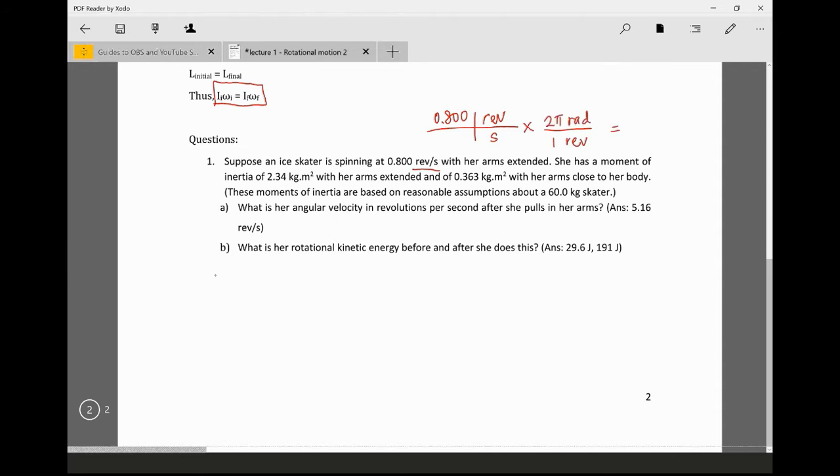Double check, cancel off revolution here. So left only 0.8 times 2 pi radians per second. So this is how you can do it. Instead of memorizing that revolution to radians is times 2 pi, radians to revolution is divided by 2 pi, you can actually use a technique. As long as 2 pi radians divided by 1 revolution is equal to 1.